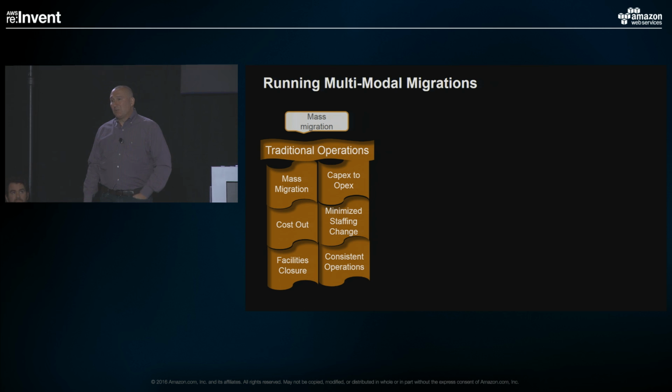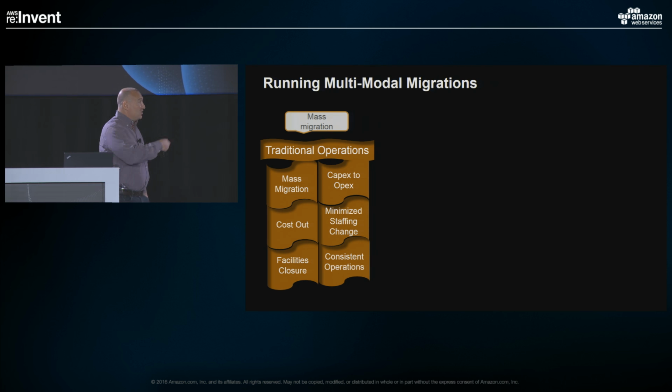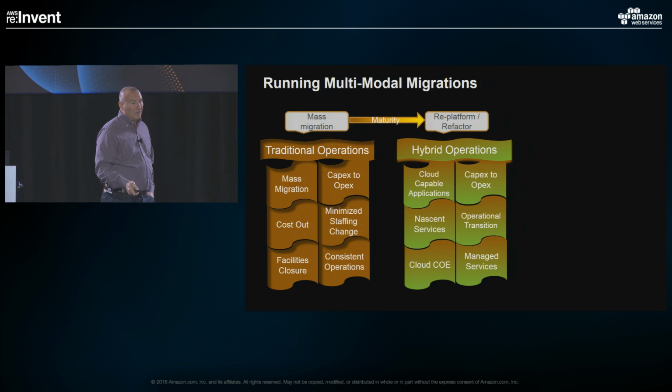But the point is there's probably an opportunity for it in your organization for the right reason. If I need to close 5 data centers next year, mass migration is a darn good use case for it, right? If I need to save a bunch of money this year, and we told the board of directors we need to save some money, mass migration is awesome. If I don't have the funding or the cash to modify my operating model in the future, I should be thinking about keeping things more in a mass migration model.